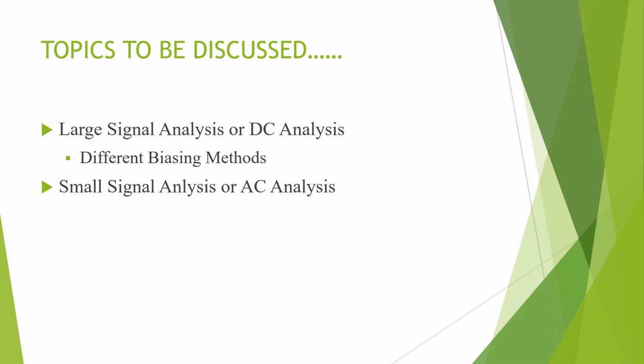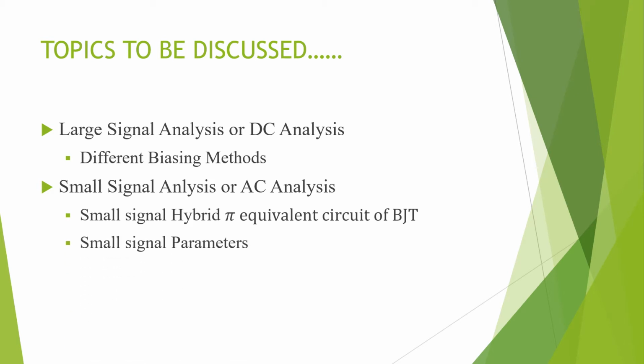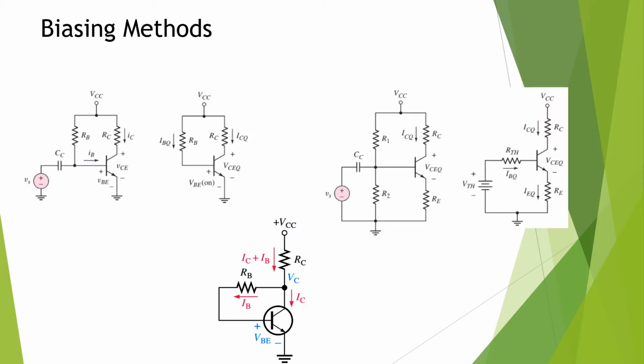Then we are going to see small signal analysis, which is also called AC analysis. In that we are going to see the equivalent model of BJT and its small signal parameters. First of all, we start with the biasing method.